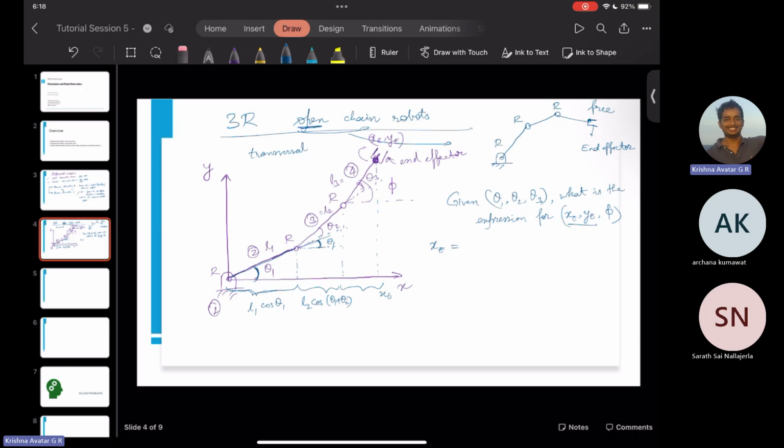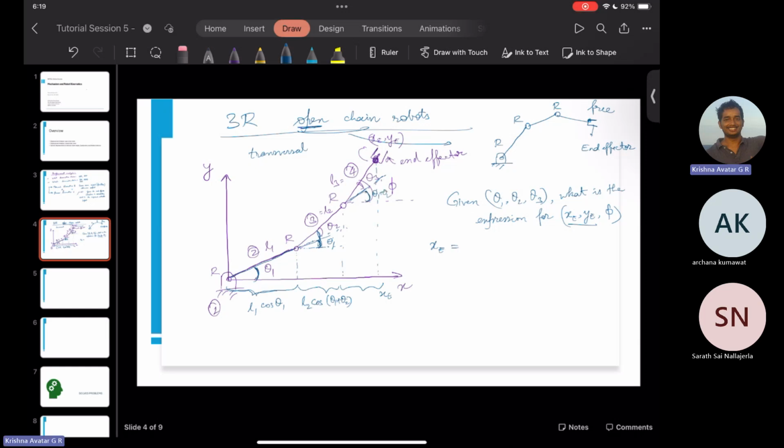Now coming back here, since this angle is θ1 plus θ2, and link 4 makes an angle of θ3 with respect to link 3. Again from the transversal rule, this angle will be θ1 plus θ2.